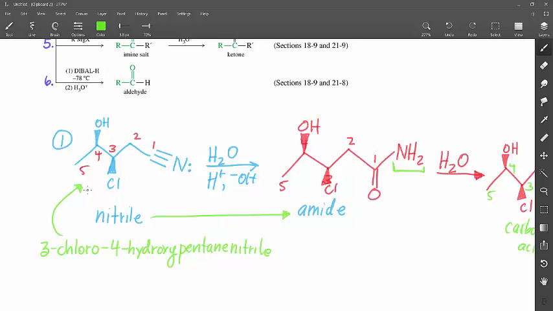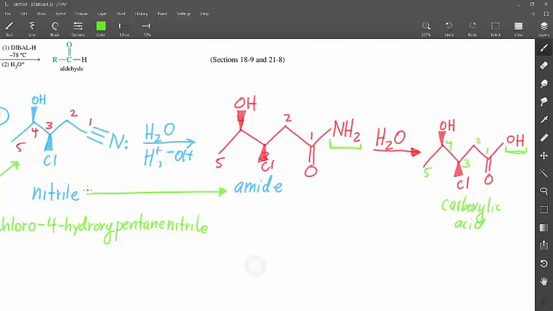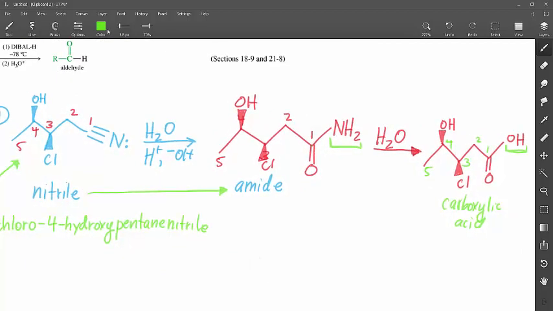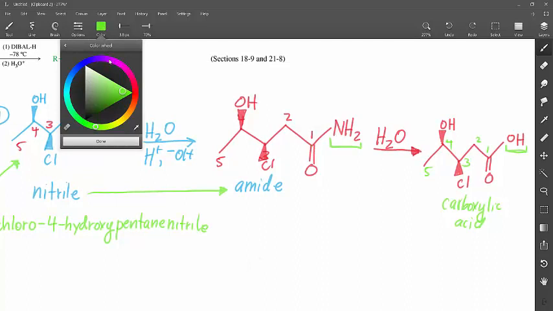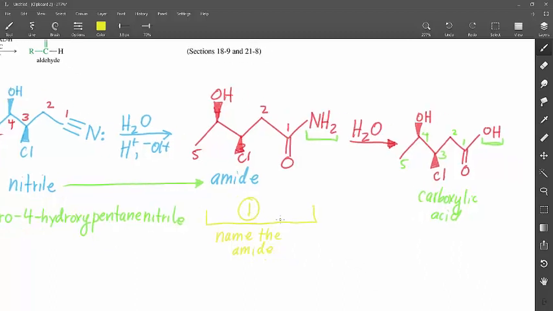So, since you've already named carboxylic acids, since you've already named amides, I want you to provide the name of the amide. So that's going to be number 1.